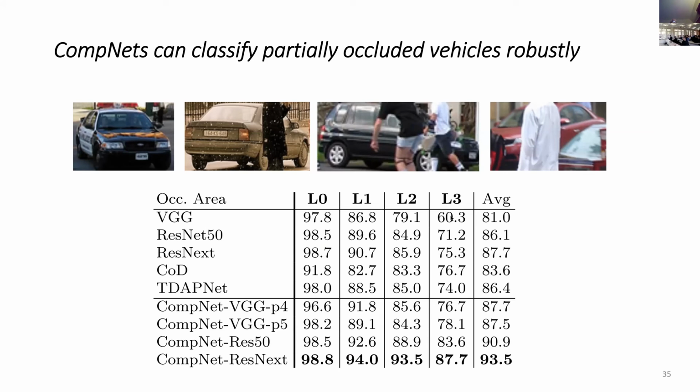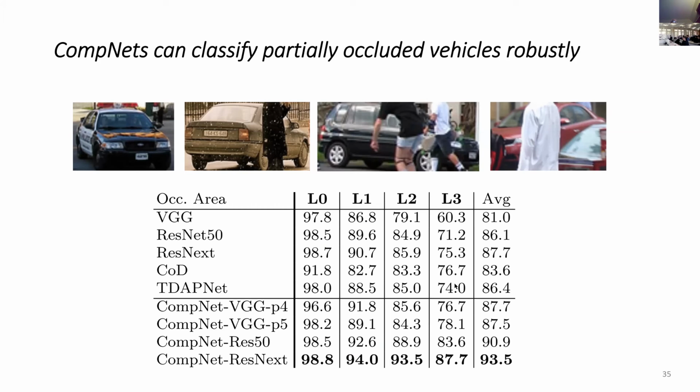Well, here, VGG under occlusion is down to 60.3. The comp nets with exactly the same training data are 76.7. ResNet, 71, better than VGG, but the comp net with this additional structure is 78.1, etc.